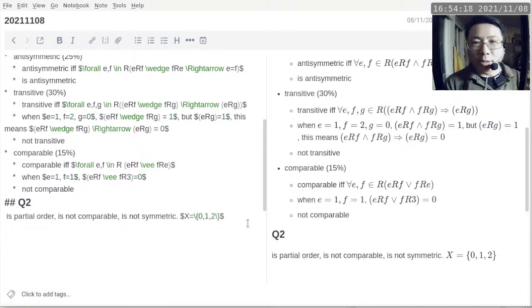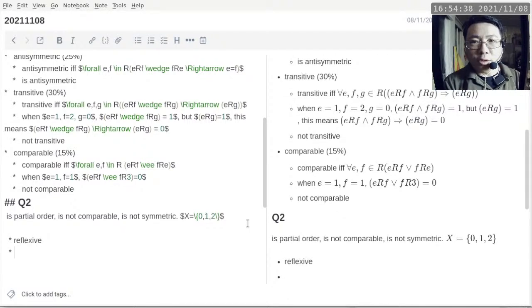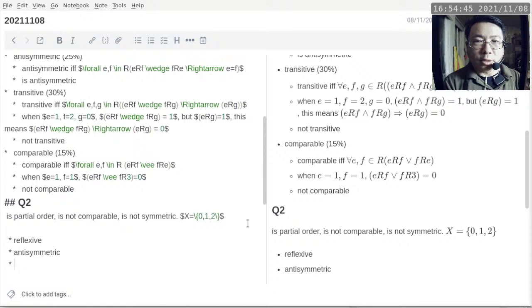All right, so let me see if I can systematically explain how this is going to work. We want it to be partially ordered. The first thing you need to do, and this part is easy, is just look at what partially ordered means. We know partially ordered needs to be reflexive, it has to be anti-symmetric, and the last one is transitive.